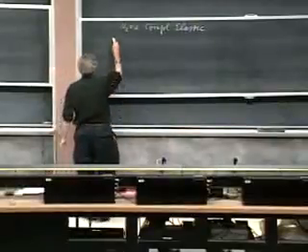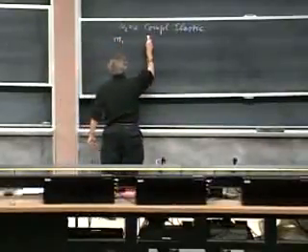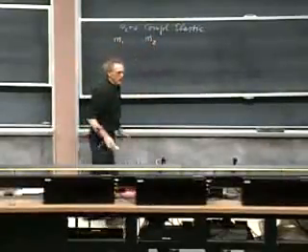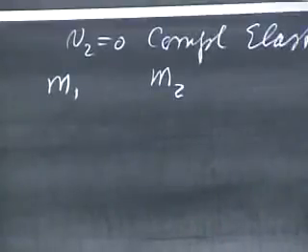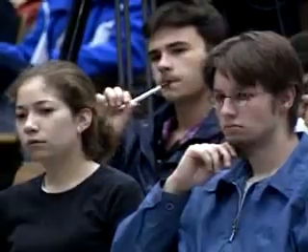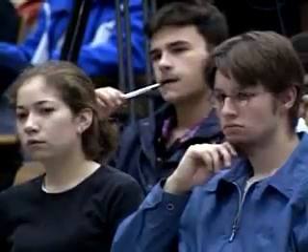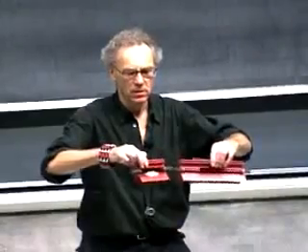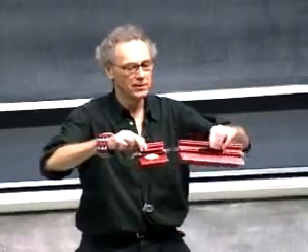I'm going to have one object M1, which I bang against object M2, and object M2 will be standing here, will have no speed. And object M1 comes in from this side, and I'll try to make the collision elastic. The way I will do that is by using springs, which are attached to each mass. Springs are conservative forces, so there is almost no heat generated in the springs during the collision.